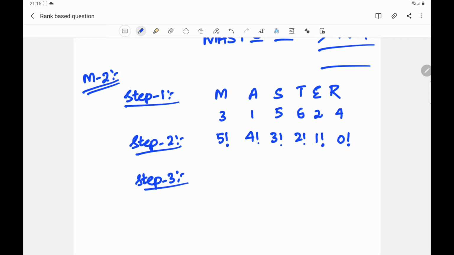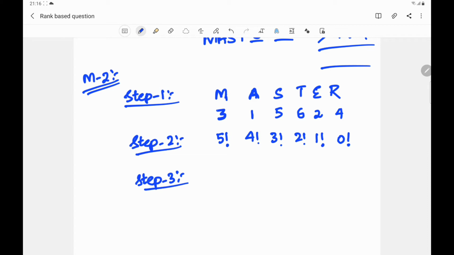Now in step 3, you look at the rank that was given earlier in step 1. Say the rank of the letter M is 3. So how many letters are there to the right side of this letter M, those letters must have a rank less than 3.